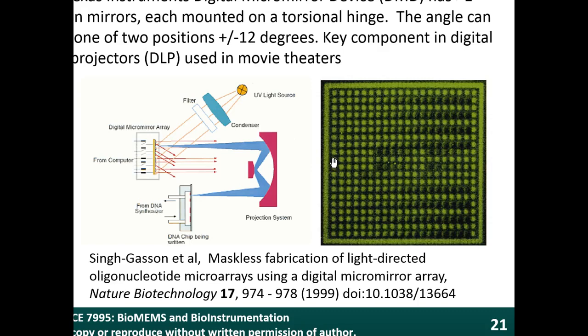It's a light-activated chemical reaction, right? And in each one of these spots, they were actually able to grow a different nucleotide, a different DNA sequence, and that's a very important step in making DNA microarrays. So DLPs actually have use in biotechnology as well.